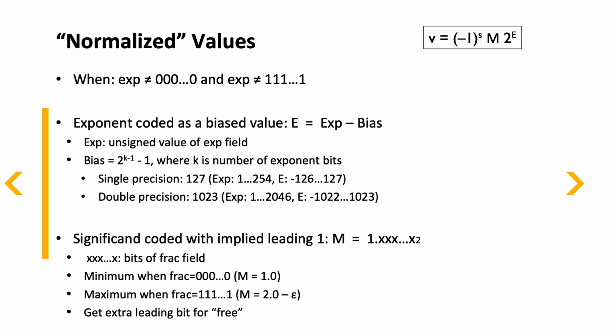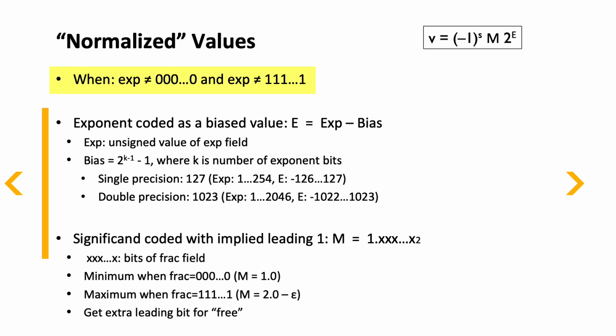First of all, they all work for the same mathematics as we used before to get the value, right? This (-1)^s times M times 2^E is going to work regardless. Now, it's also easy to figure out what kind of value we're using because there are just rules based on what the bits look like in the various fields that tell us what kind of value it is.